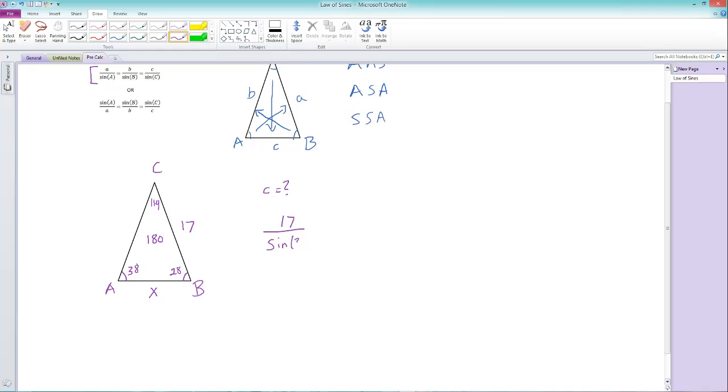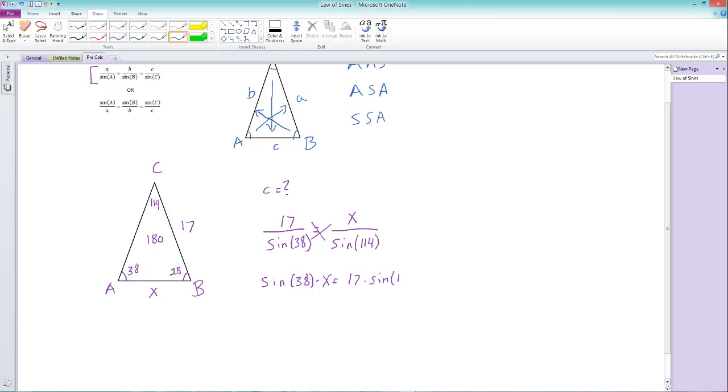So we have little a over the sine of big A is equal to little x, or little c, over the sine of big C. Once we crisscross multiply, we get the sine of 38 times x is equal to 17 times the sine of 114, and we'll simplify that even further to get x is equal to 17 times the sine of 114 over the sine of 38. That's a 14.